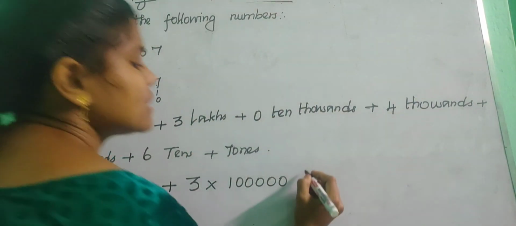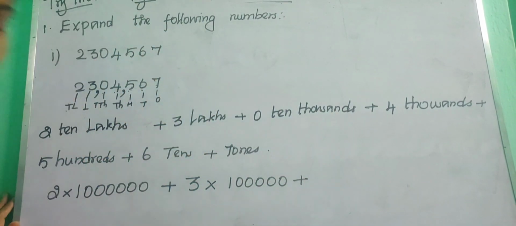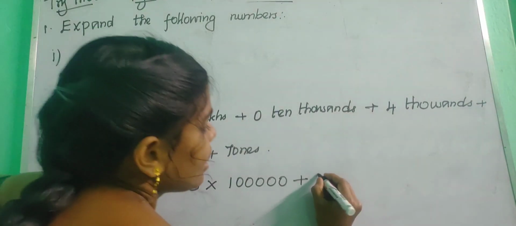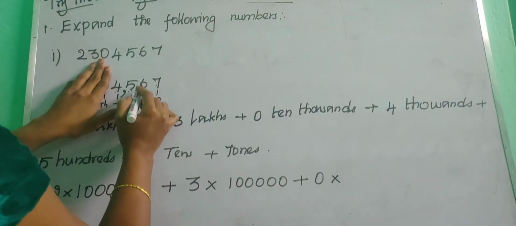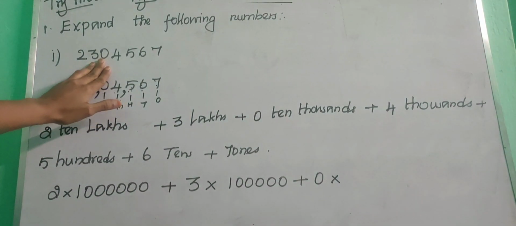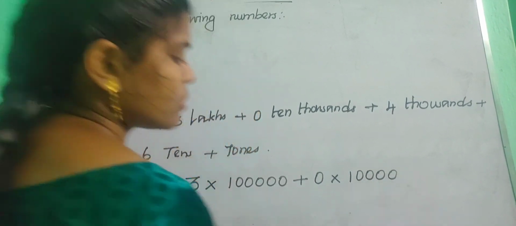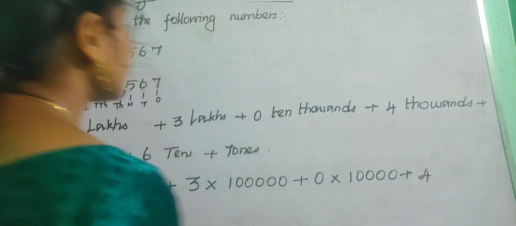Okay children, and again put the symbol, 0 and 0 10 thousands. So 0 into, just hide the 0 and count 1, 2, 3, 4. 4 digits, right? Then put the symbol plus and then 4 thousands.